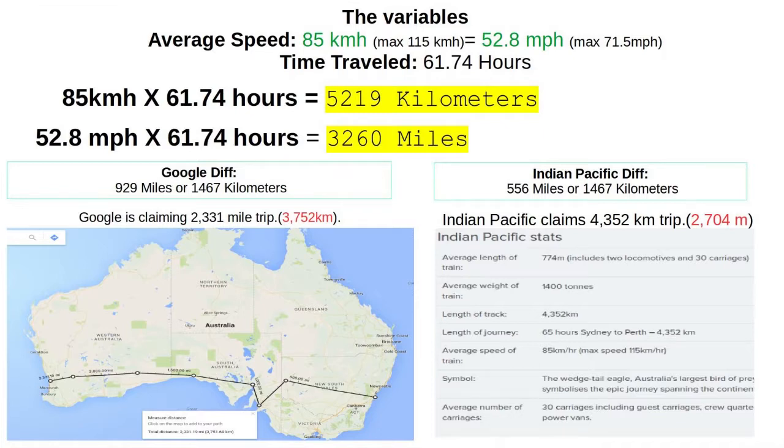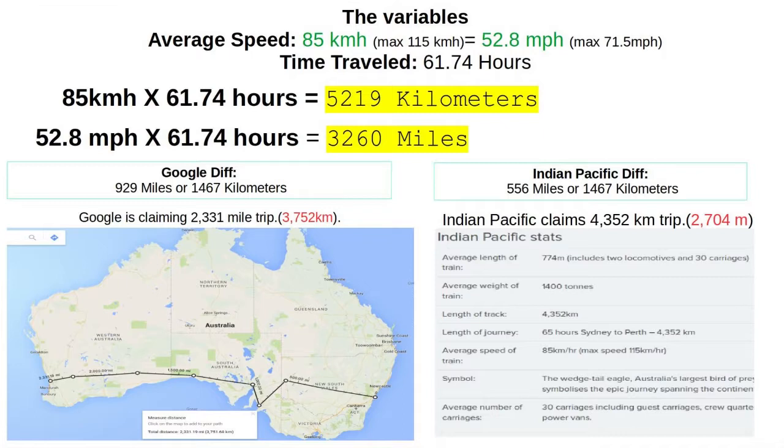But on the stats, the train only carries 2 engines. Now, if there were a lot of mountains, they would have 3 engines or more. As I said before, the majority of the land in the south is all flat.